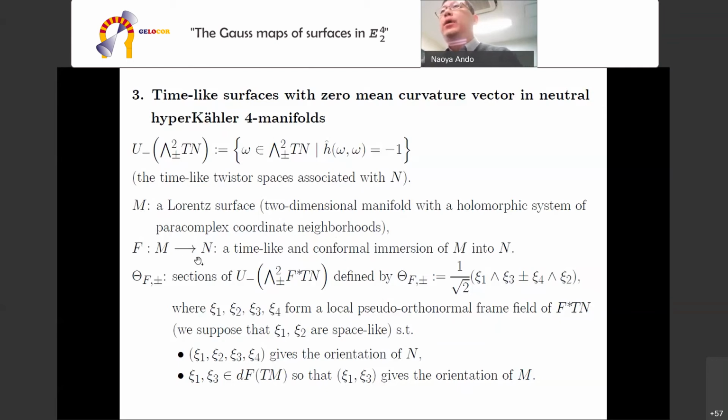Let F be a time-like and conformal immersion of M into N. We denote by theta F plus minus sections of the time-like twistor spaces associated with the product bundle, defined by these: Xi1, Xi3, Xi4, Xi2. Xi1 is space-like, Xi3 is time-like. These are tangent to the surface.